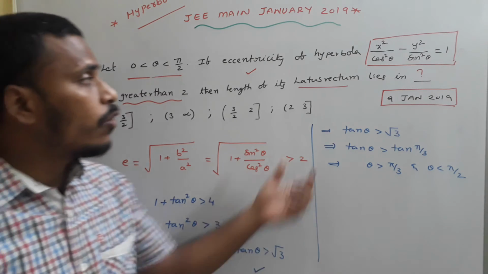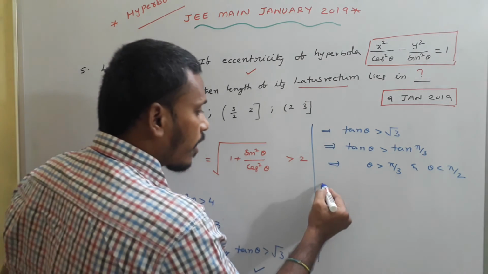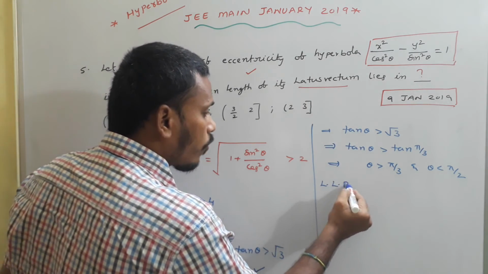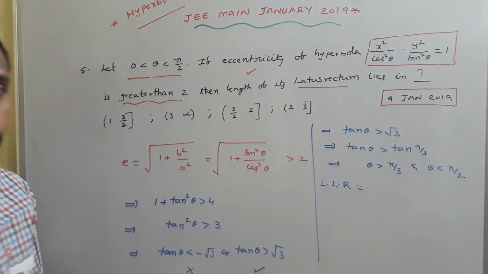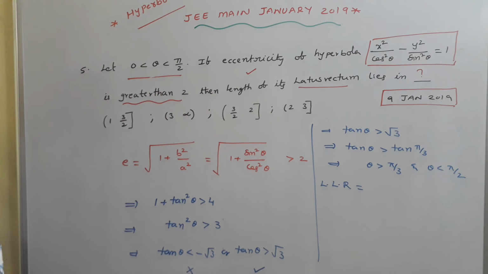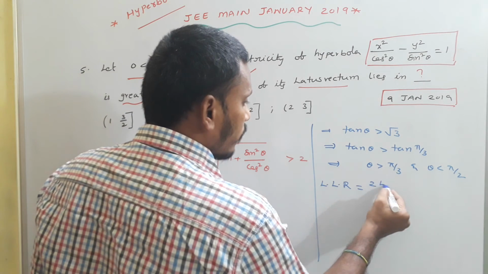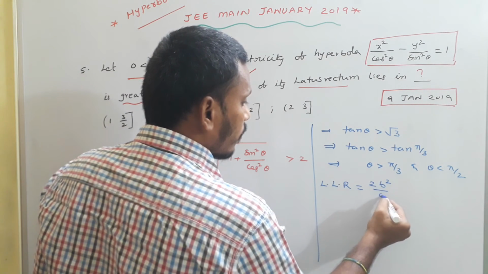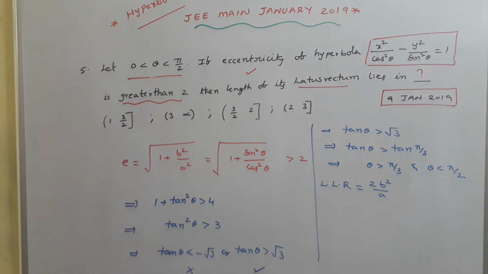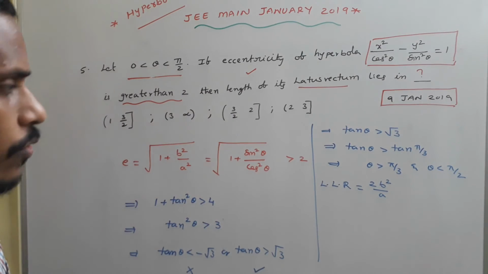Our task is to find the length of the latus rectum for this hyperbola. See, what is the length of latus rectum of this hyperbola? The length of latus rectum is 2b square by a, right? So this is 2b square by a.